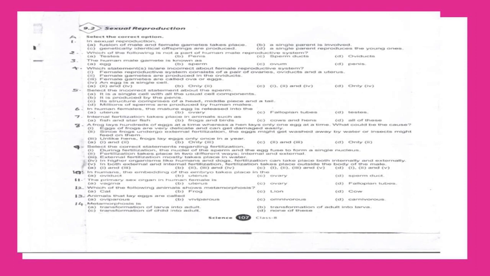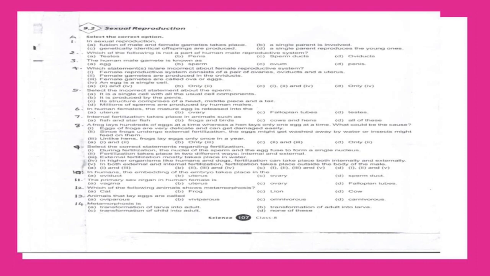Fourth one, which statement is incorrect about the female reproductive system? You have to check. Female reproductive system consists of a pair of ovaries, oviduct and a uterus. That is correct. Female gametes are produced in oviduct.